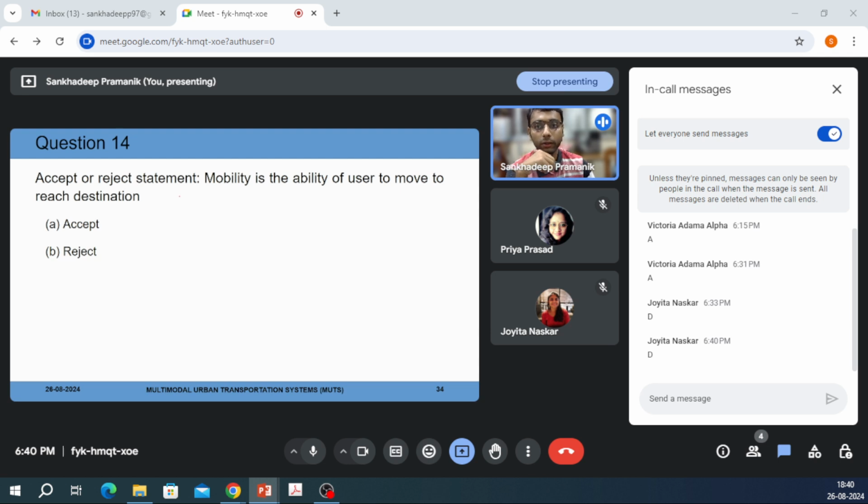Then accept or reject the statement. Mobility is the ability of users to move to reach a destination. Yes, the statement will be accepted. Mobility is the ability of users to move or reach a destination.